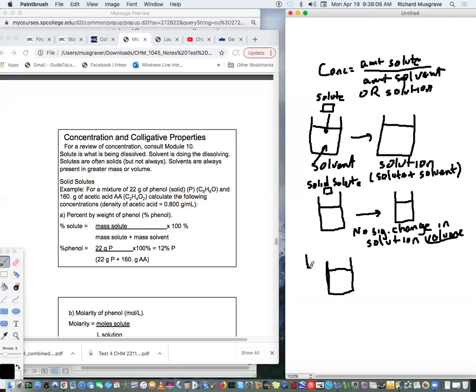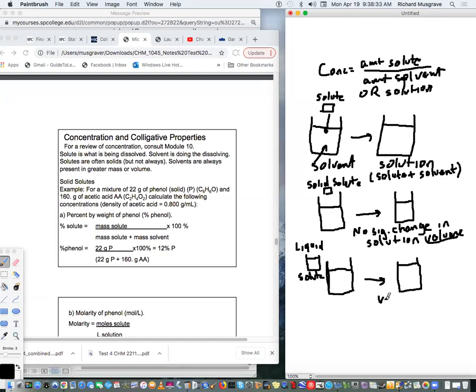So let's look at another example. Let's say we've got a liquid solute. And I'm going to give you clues as to how you can tell if something's a liquid or a solid. It's going to be obvious. But you'll notice that the volume will change.